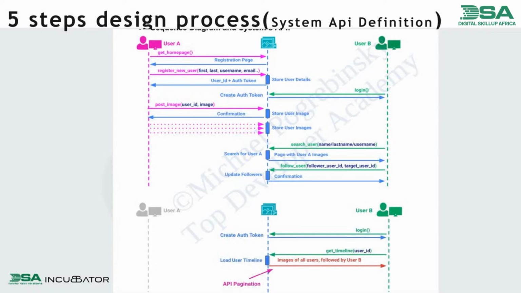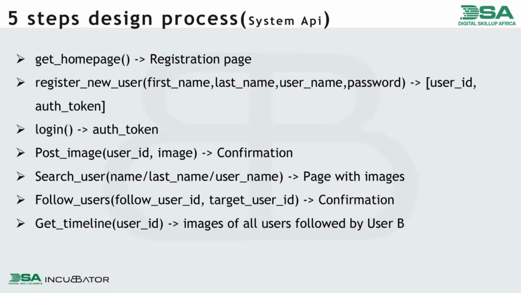It is worth pointing out that it is an abstract representation of the API, and if you want to implement it the way we implement the system, we have to translate it like that of the REST API so that we'll understand better what it is. Now, we can see from this page that the get home page function displays the registration page. The register new user function gets all the data that it needs and returns your user ID and your token.